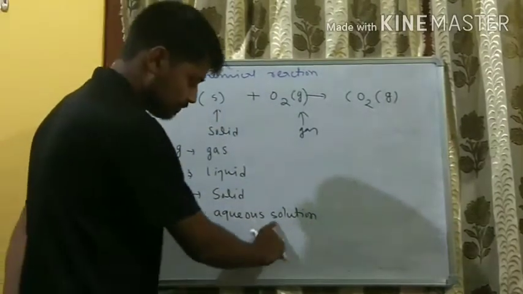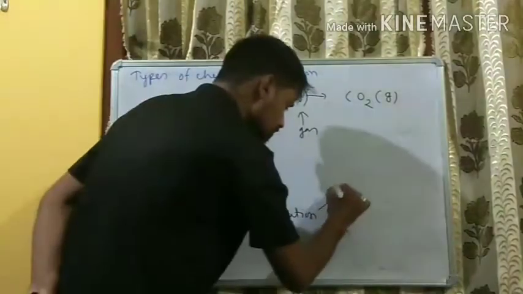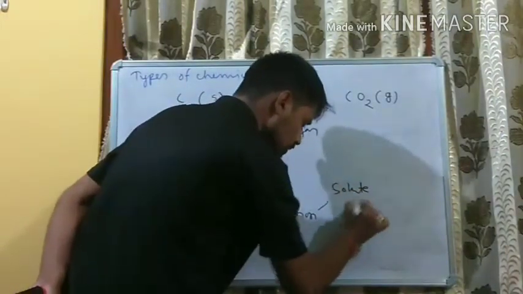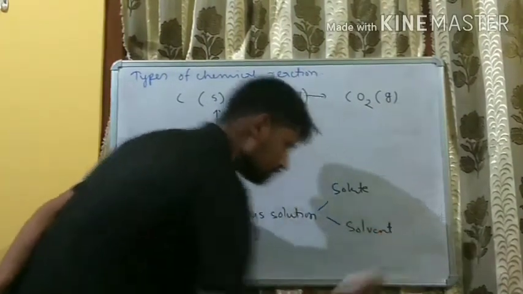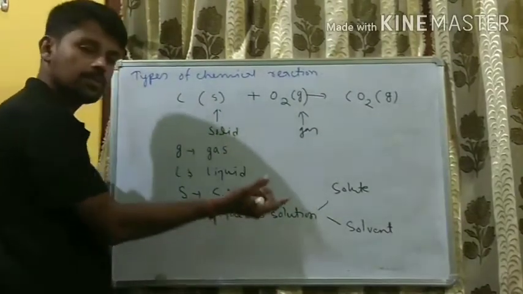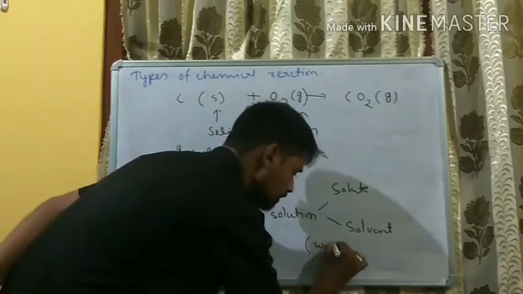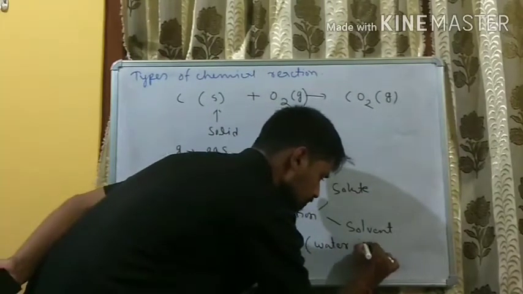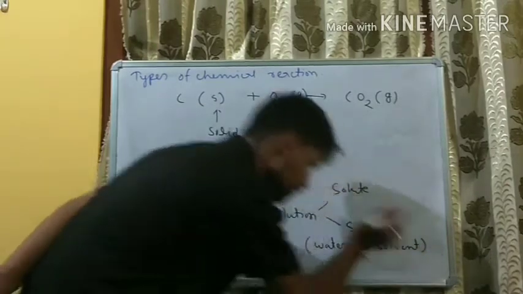As we know, in a solution there are two components: one is solute and the other is solvent. Aqueous solution means the solution in which water is used as the solvent.